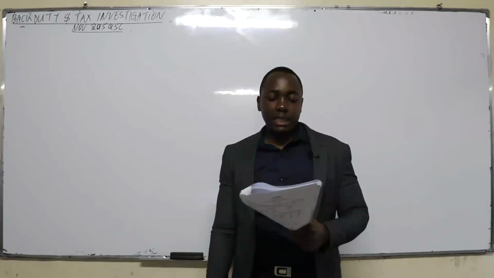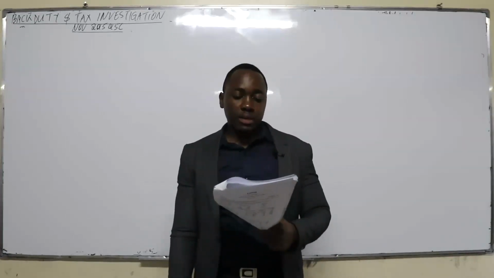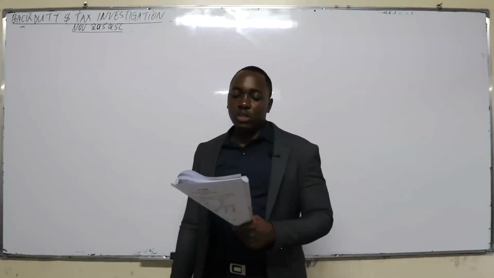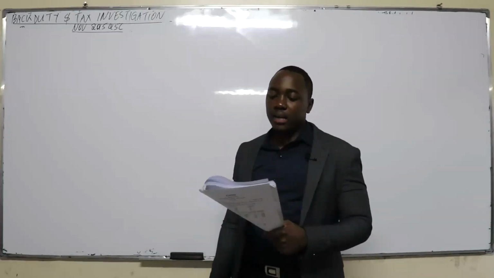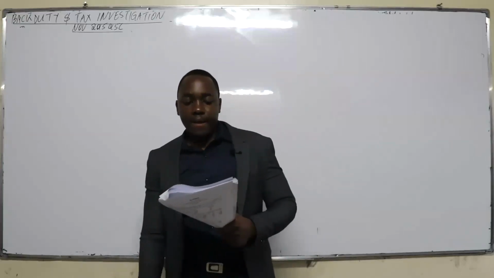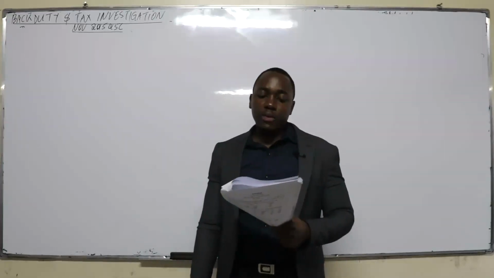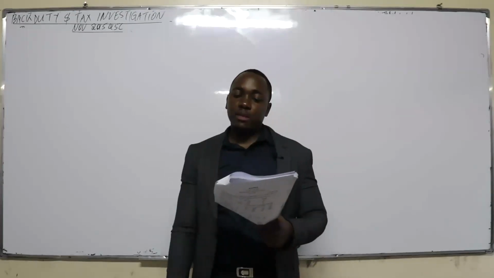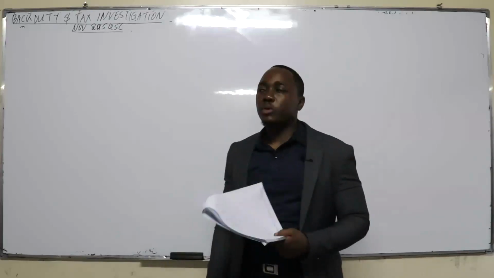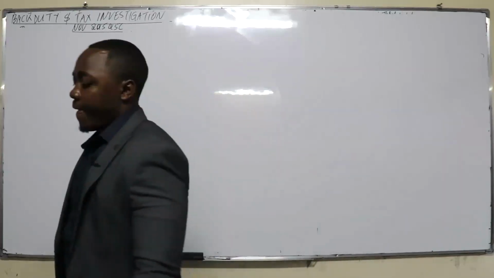Number 3, interest on mortgage is at the rate of 15% per annum. And there was no disposal of non-current assets during the period under investigation. Required: taxable income of Amos Akinda for each of the 4 years ended 1st December 2011 to 2014. You ignore capital allowances.